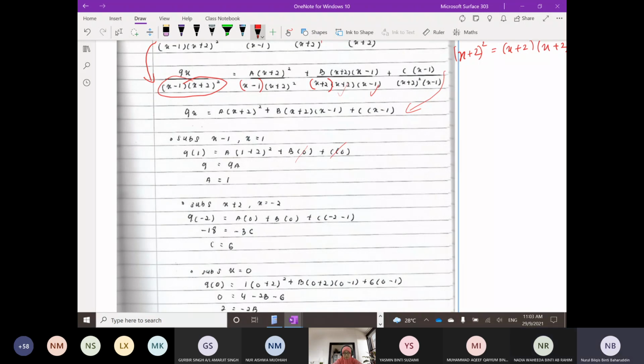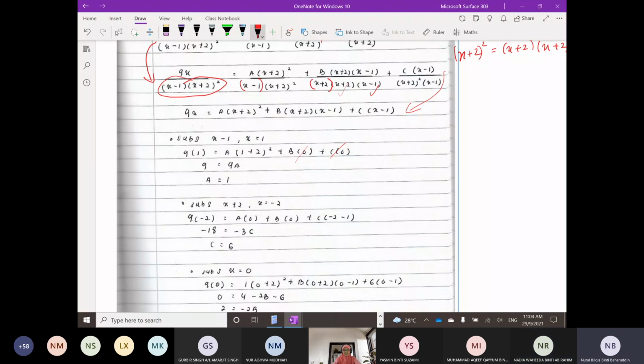Sebab bila kita dah sub tu kita dapat kosong. When we get 0, and then 0 times any number, we will get 0.